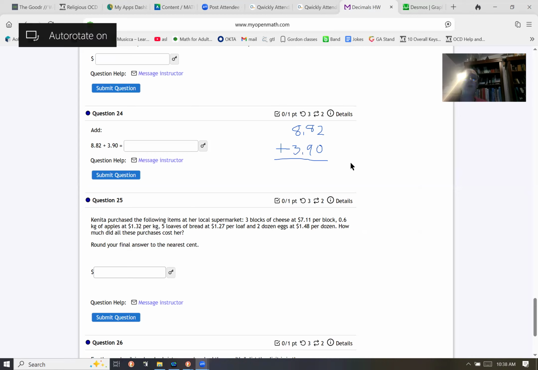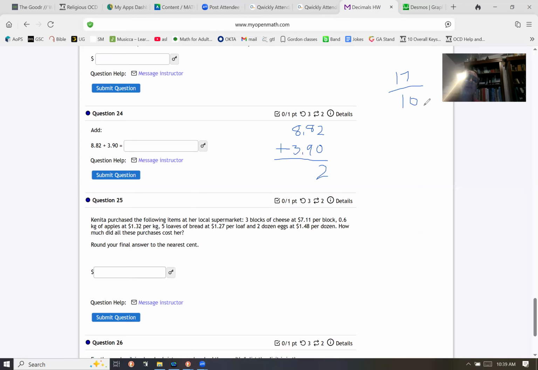So let's just quickly do this here. If we add together our hundredths, 2 hundredths plus 0 hundredths would be 2 hundredths. But what about 8 tenths plus 9 tenths? Can anybody tell me how many tenths that would be? Yes, it would be 17 tenths. Now I'm going to write that over here as the fraction it's representing: 17/10.